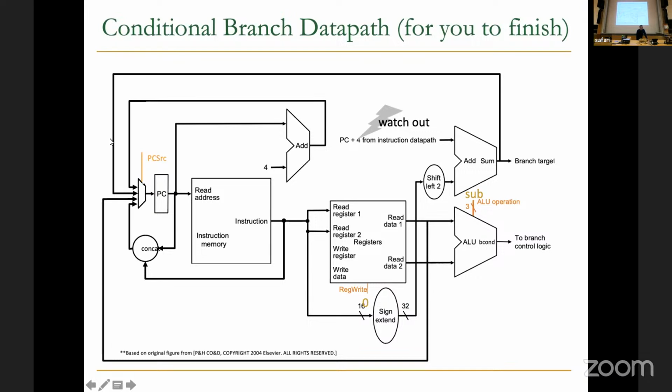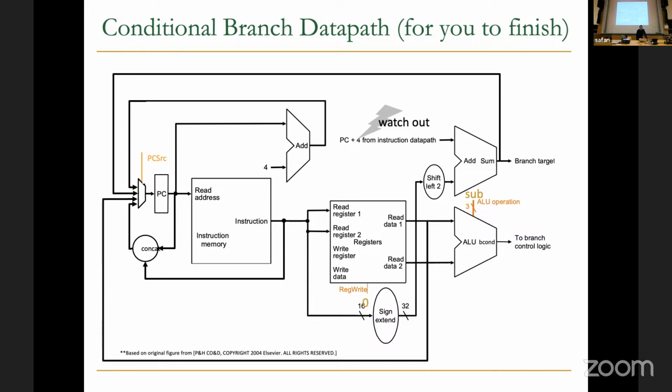And if the instruction is a branch equal instruction, we need to select this over here. Not quite, because it's a conditional branch, right? So when do you select that? So that's why you need to complete this. But basically, there needs to be some branch control logic, which I will show you later. If the source and destination are equal, the branch condition will be set to 1, meaning they are equal.